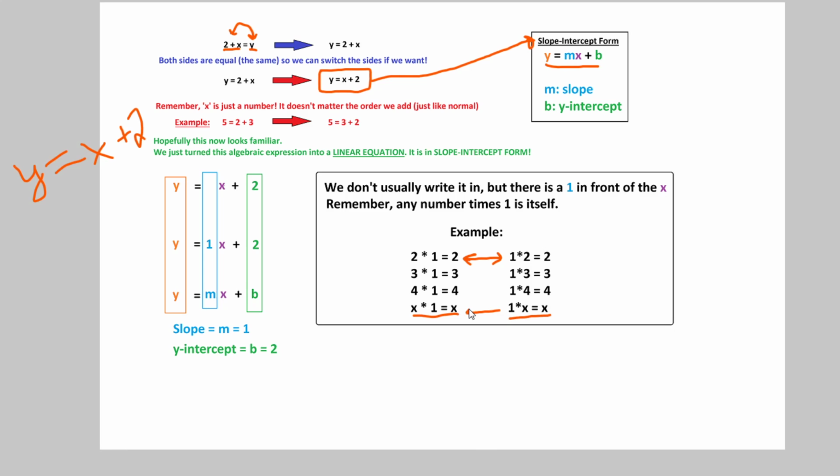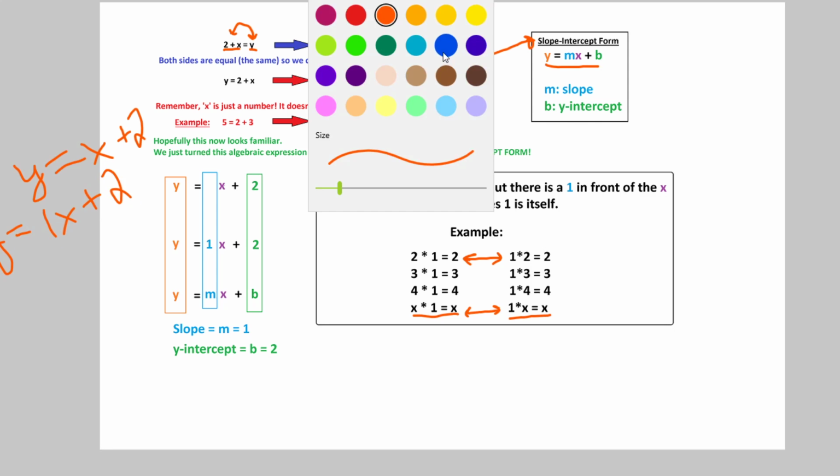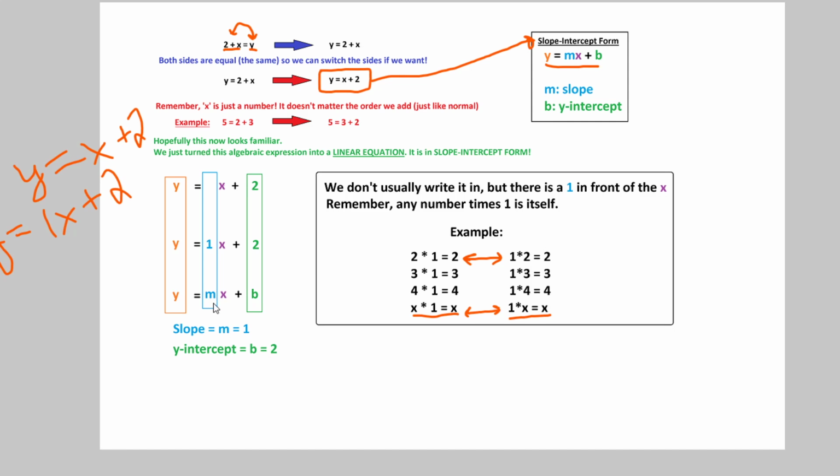And these are the same thing here. And x times 1 is the same thing as 1 times x. They're both equal to x. So this equation that we wrote up here, y is equal to x plus 2, we wrote this as y is equal to 1x plus 2. Now we said that this number in front of the x here, this m, we said is our slope.